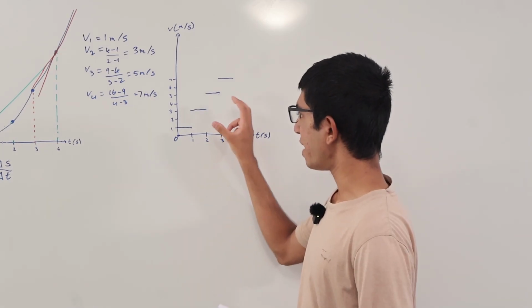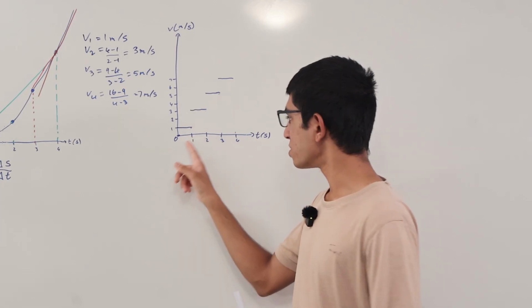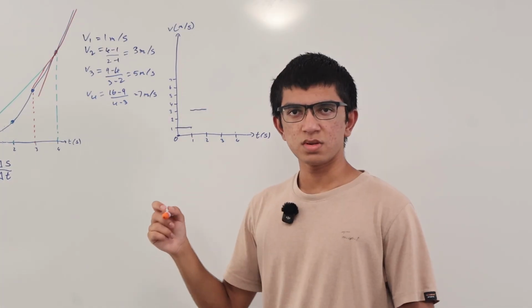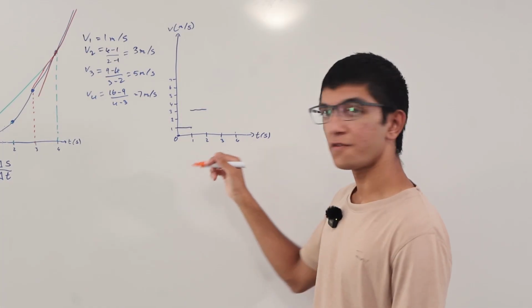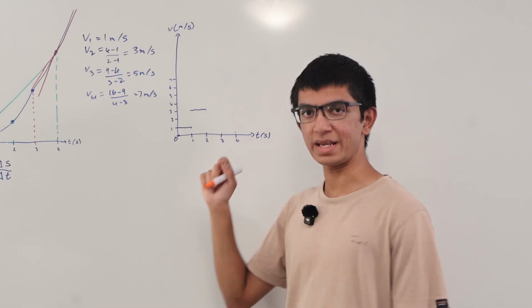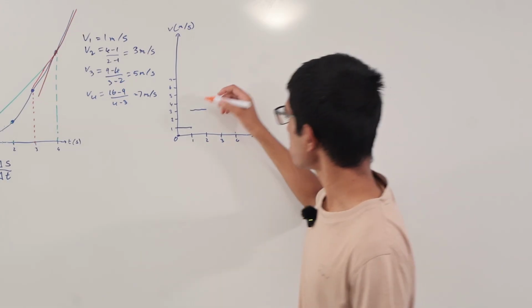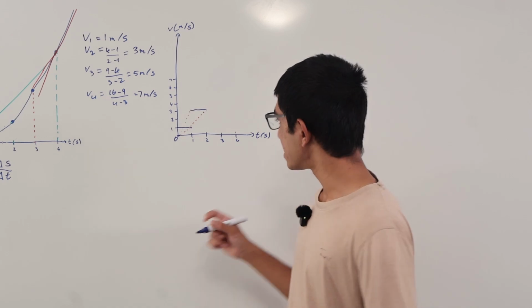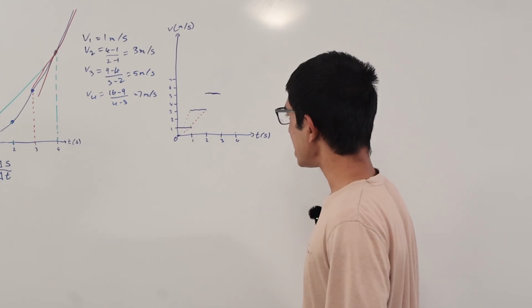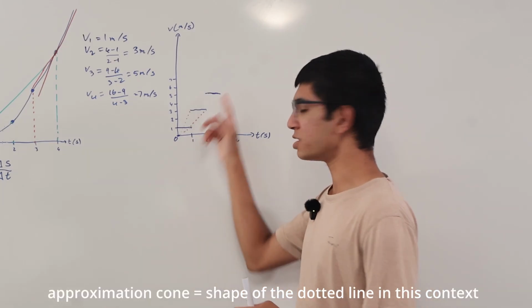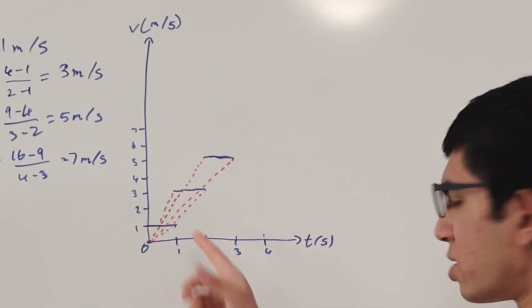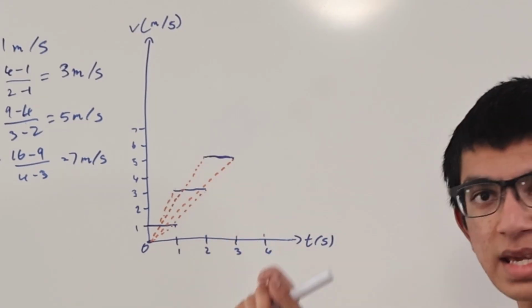Well, there's one way to narrow them down. Let's say we only have 2 data points, or my 2 averages, between 0 and 1 and 1 and 2 seconds. Now, a line of best fit could go from either end of my highest average. So, like this. If we add the next average at 5 meters per second and have the same approximation cone, you can see that the cone has gotten narrower at the first data point and at the second as well.